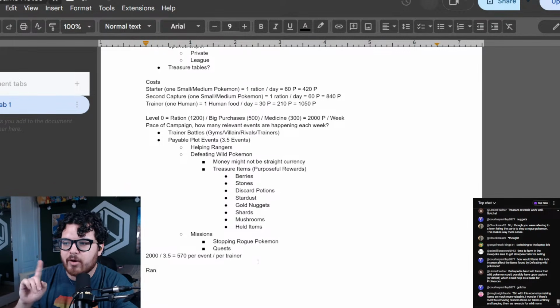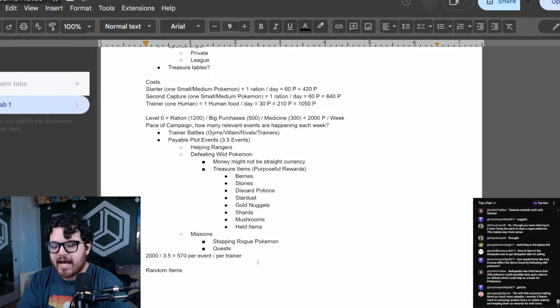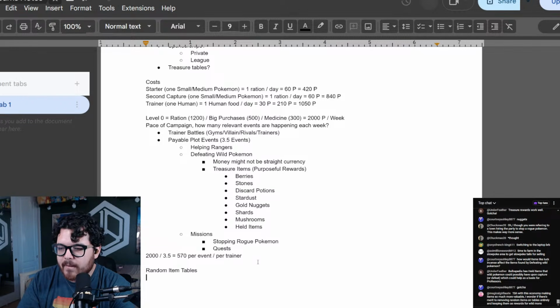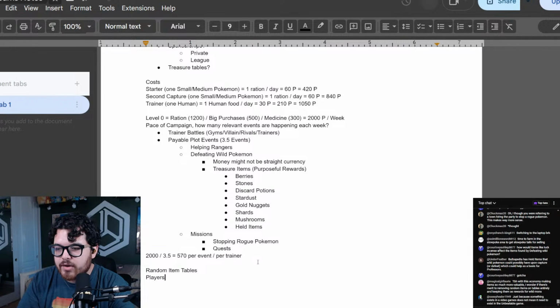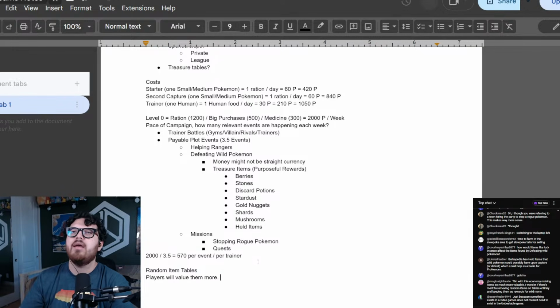I almost put this up earlier, if you'll remember, but I actually deleted it. Random item tables. The reason these are important is because players will value them more.